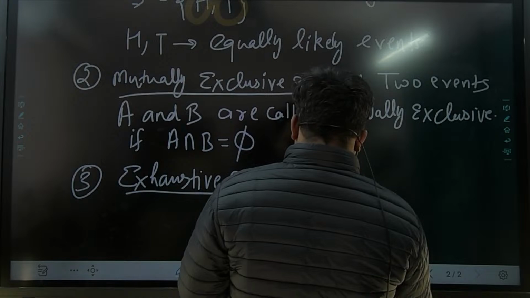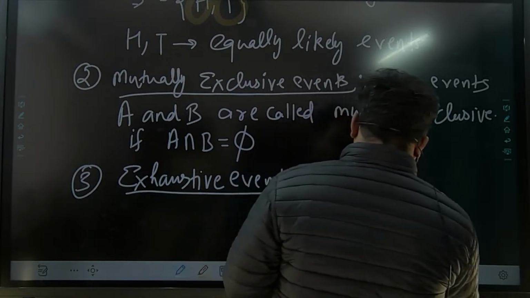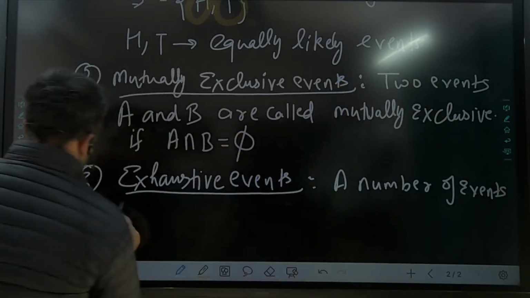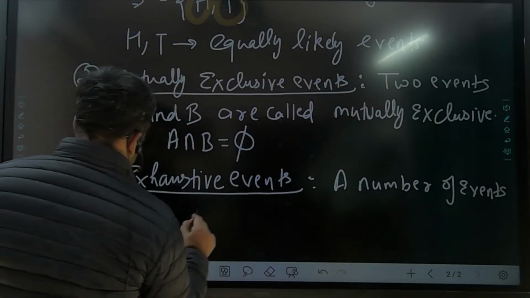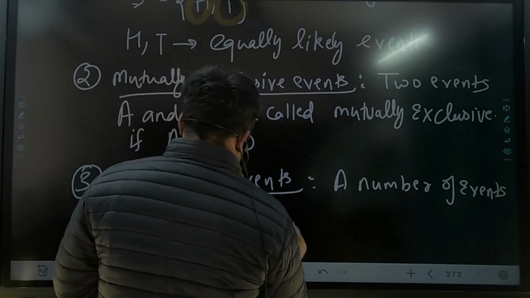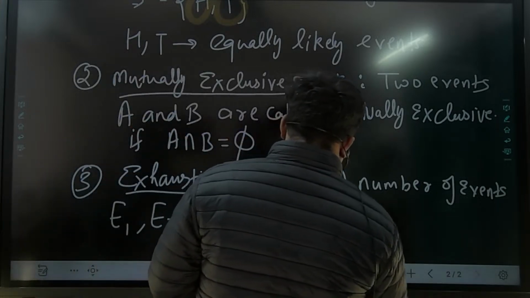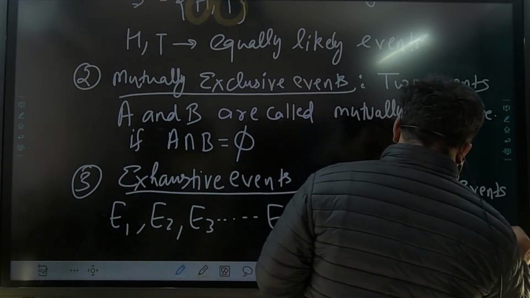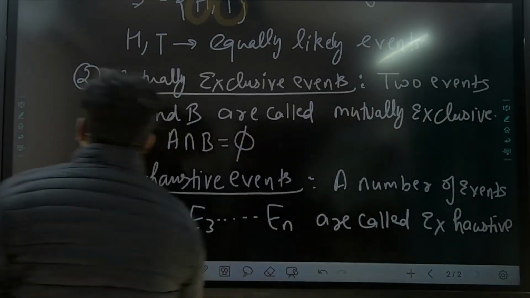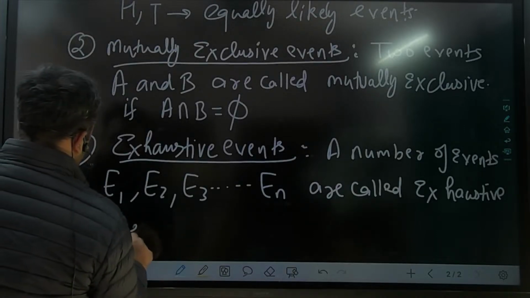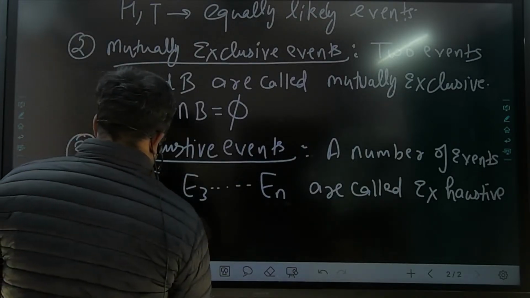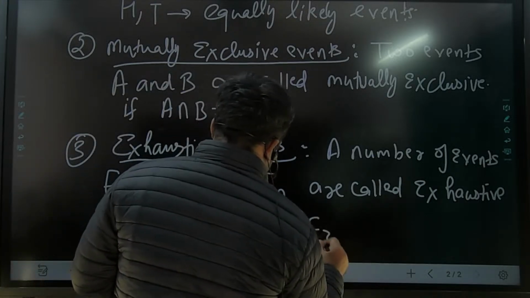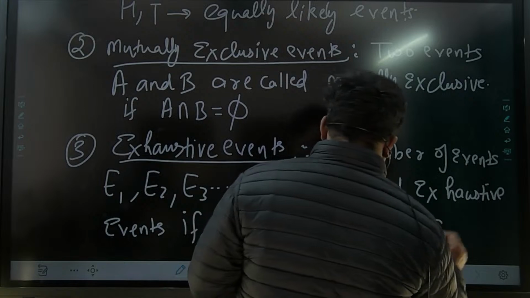A number of events E1, E2, E3, up to En are called exhaustive events if you take the union of E1, E2, E3, up to all the events, you get the sample space back.